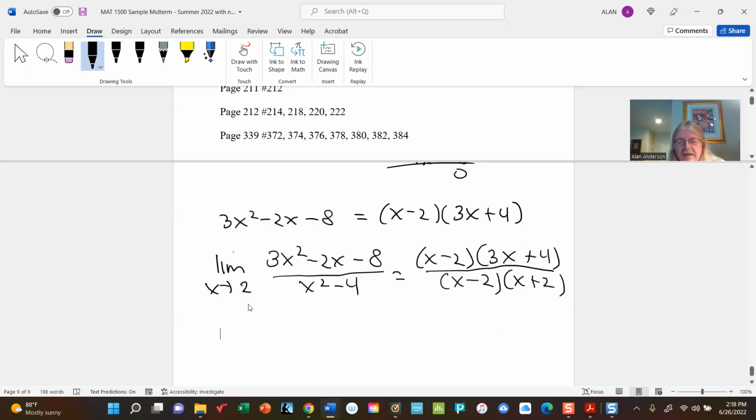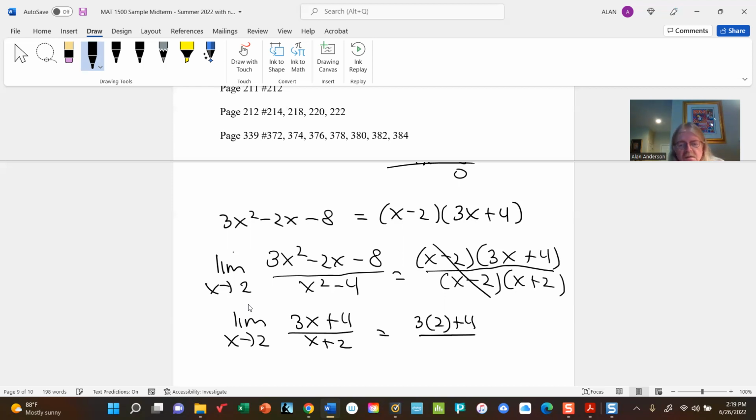Well, there you go. That's the solution to our problems, because now direct substitution works out beautifully. 5/2. Ta-da!